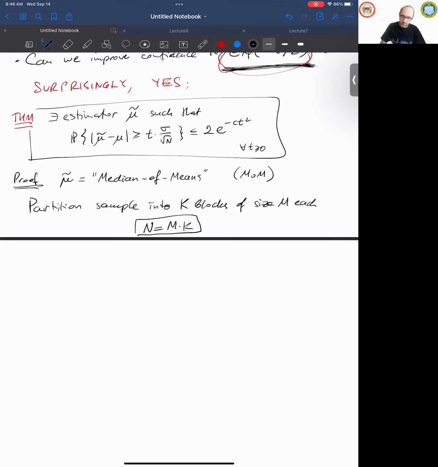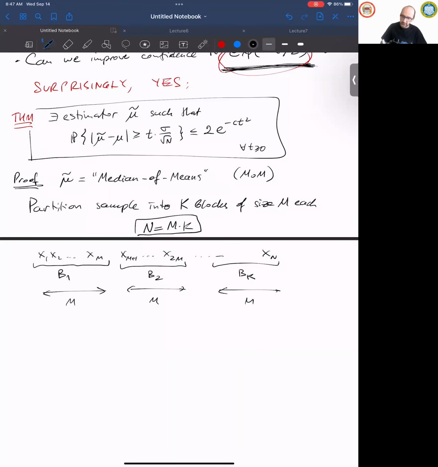And then we take means of each block, and then we take medians. So it's like this: x1 through xm, then the next block, and so on and so forth. This will be our block 1, block 2, and so on, block capital K, and there are m elements in each block.